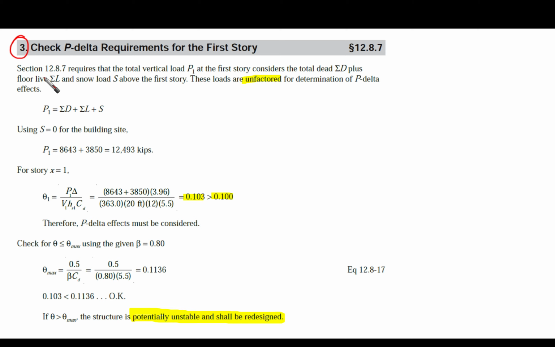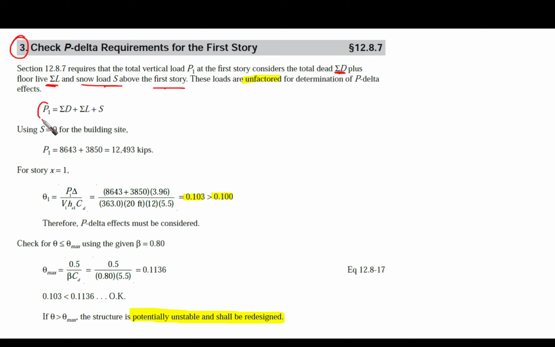So first of all, section 12.8.7 requires that the total vertical load P1 at the first story considers the total dead load, sigma D, plus floor live load, sigma L, and snow load S above the first story, because these are considered the vertical loads.